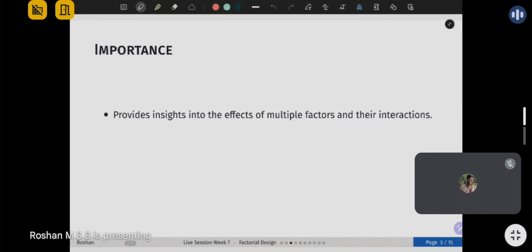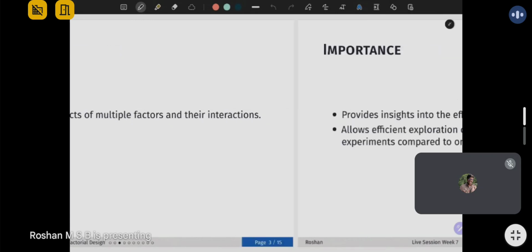The importance of doing this factorial design is it provides insights into the effects of multiple factors simultaneously. If you just do high and low for a single factor, you might not know how the interaction effects might also be for the response variable.